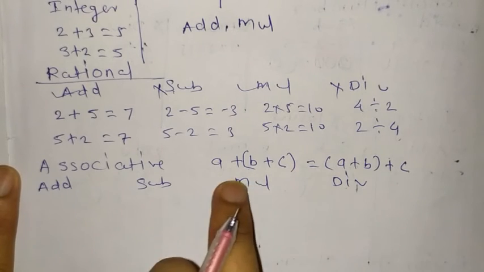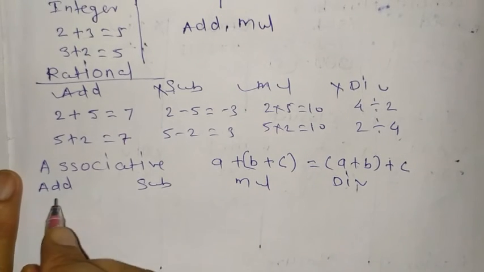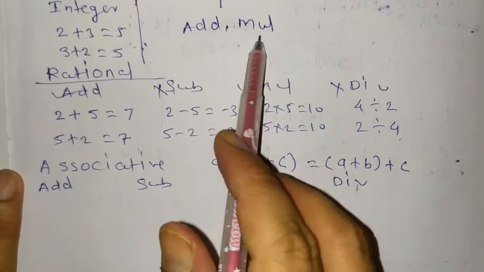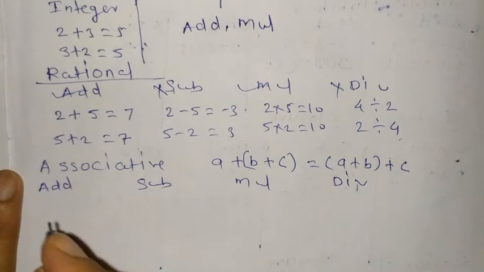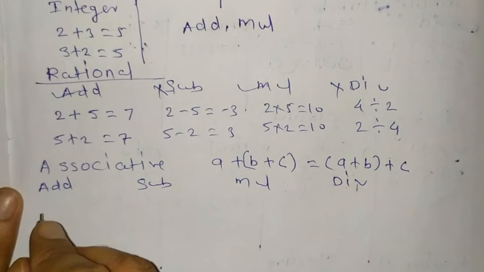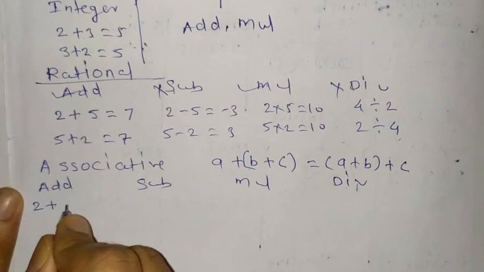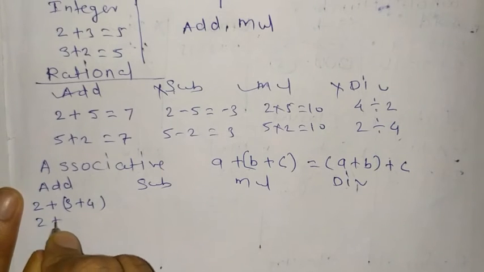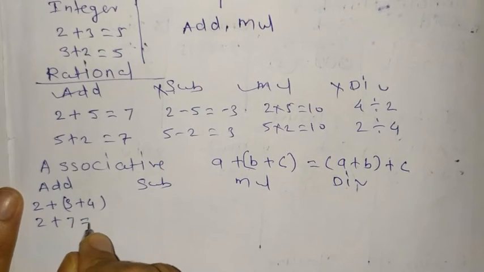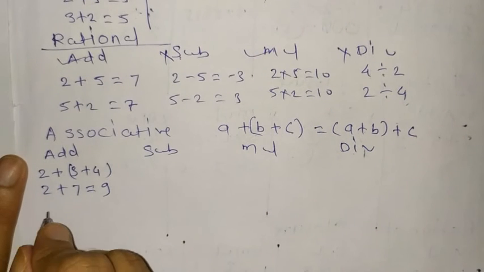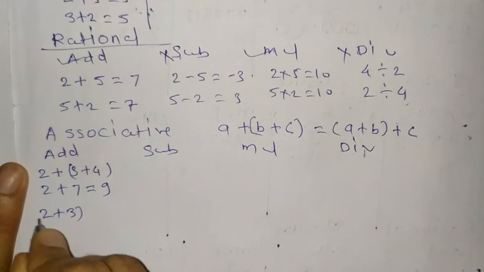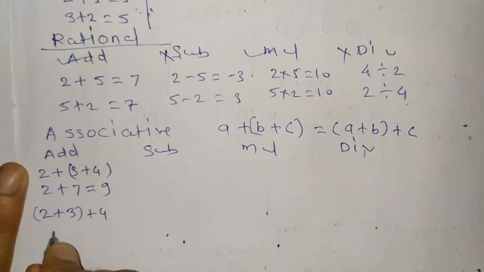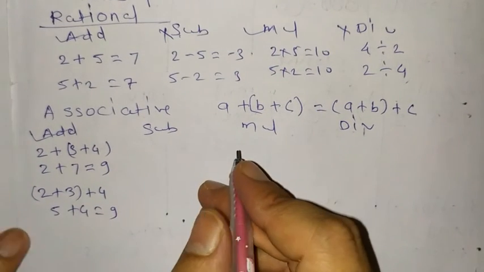It is just like the commutative property, because in commutative only multiplication and addition are working. So here also it will be the same. We will take the example 2 plus 3 plus 4. What is the answer? 3 plus 4, 7, 9. Now we will take 2 plus 3 plus 4 with the other bracket. It is the same. So it means addition is satisfied under the associative property.